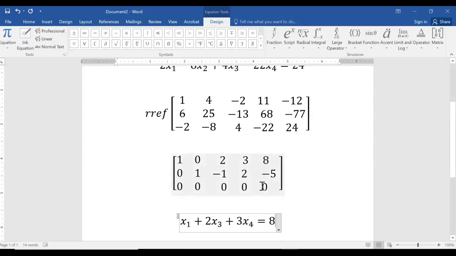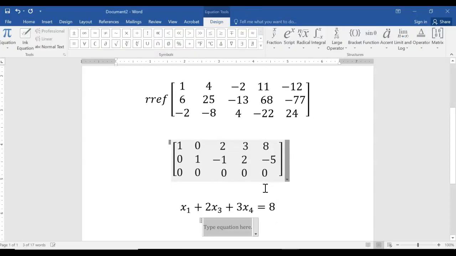We did have this column of constant numbers, so don't forget about that. The second equation would give me x2 minus 1 x3 plus 2 x4 is equal to -5.